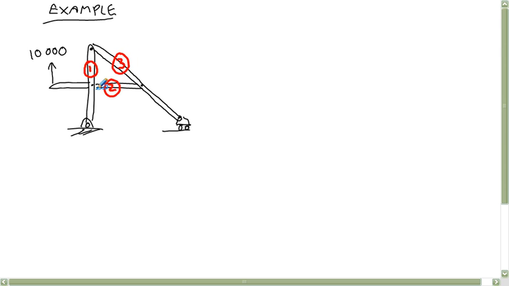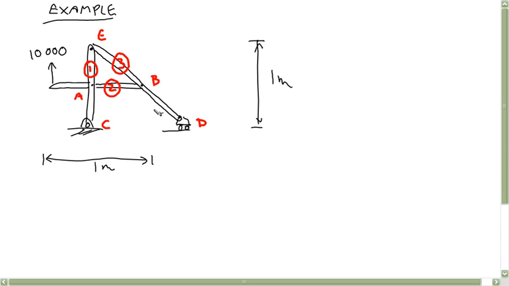And for some reason I called this A, B, C, D, and E. The force is positioned at the midpoints of these two members. This is 1 meter, and this is 1 meter. So that diagonal member is square root of 2 meters.